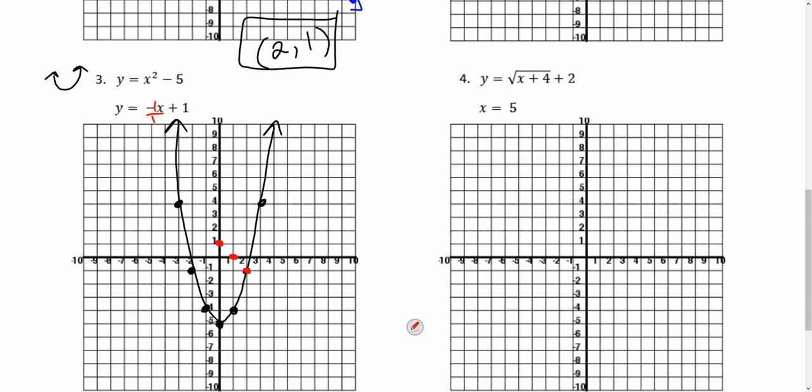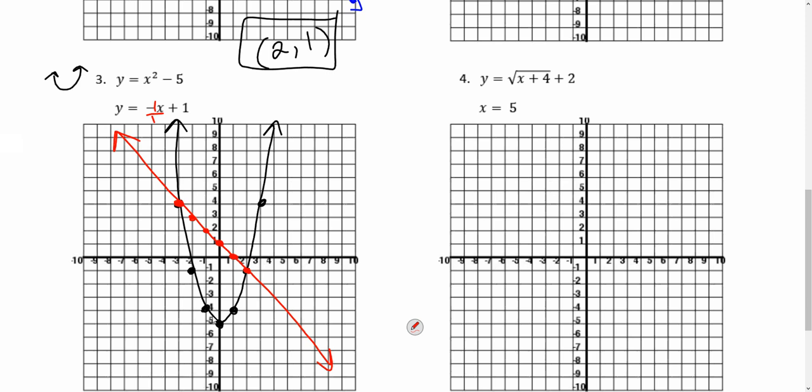Now, I don't know if you guys can see this, but that line doesn't just go that direction, it goes up also. So if I continue that pattern, up 1, left 1, up 1, left 1, up 1, left 1, bam! It actually hits twice. So this one has 2 solutions. Remember, a solution is wherever they cross each other.